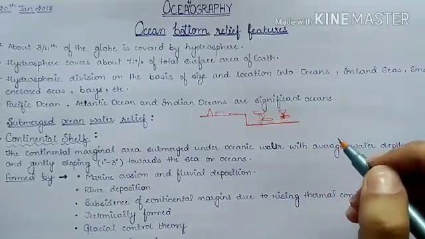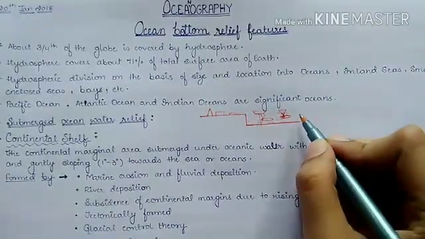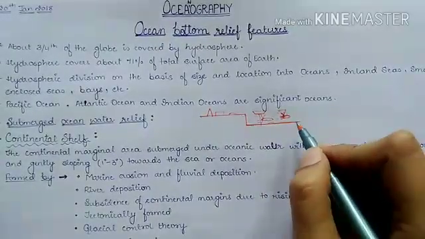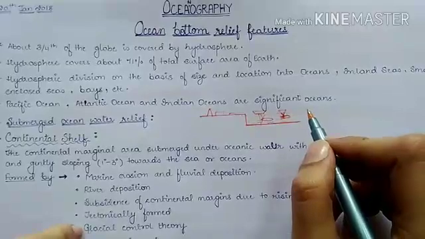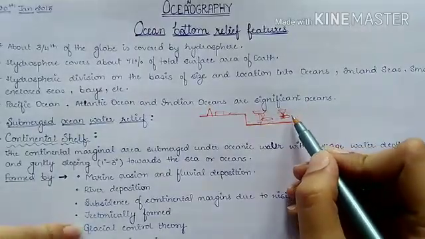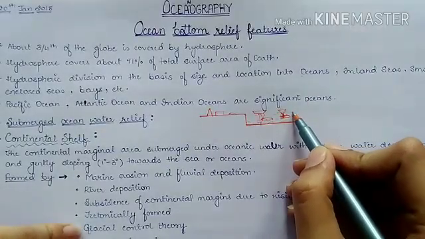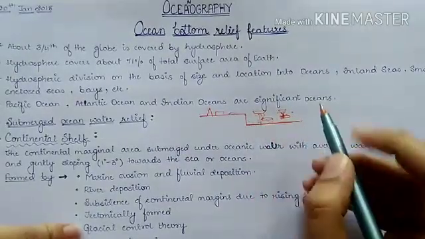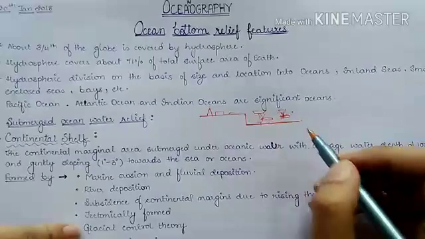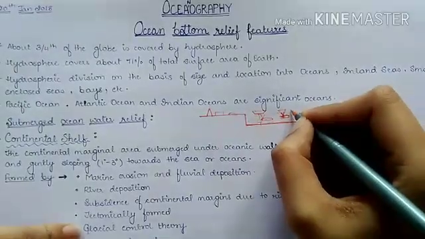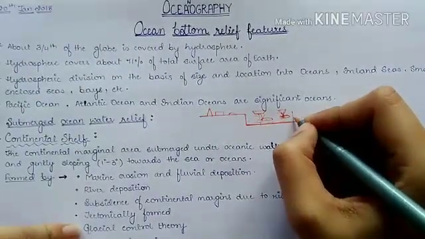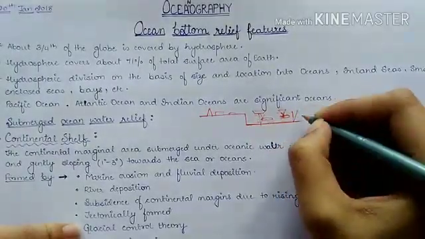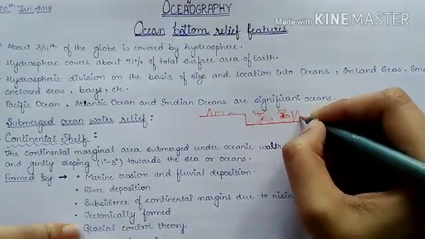Now, Dr. Harry Hess, because he was a geomorphologist by profession, also joined the army during the Second World War. So during his free time, he sent radar to look into the depth of the ocean. But to his surprise, he found that somewhere the depth was quite deep, while somewhere it was quite shallow.